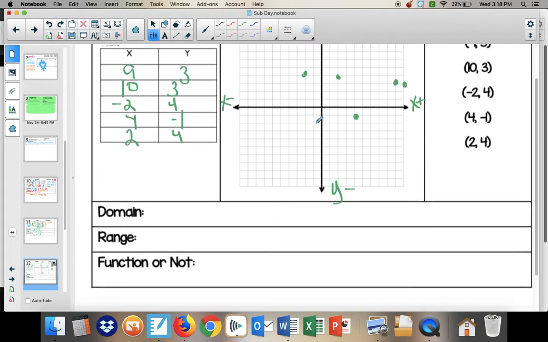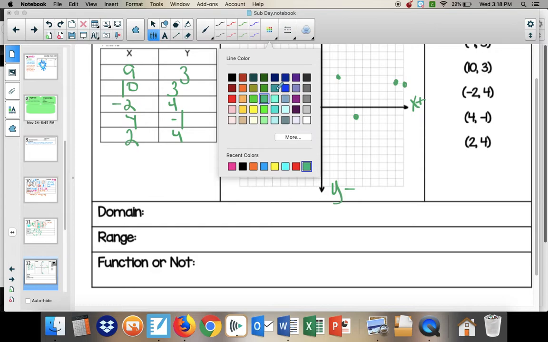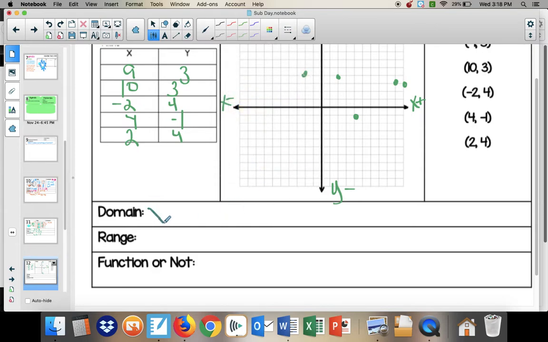So, domain. We are now going to take and look at our values. Hopefully you remember that domain is your x, and in order. So let's look at our x values here. The lowest is -2. And then I have 2, 4, 9, and 10.